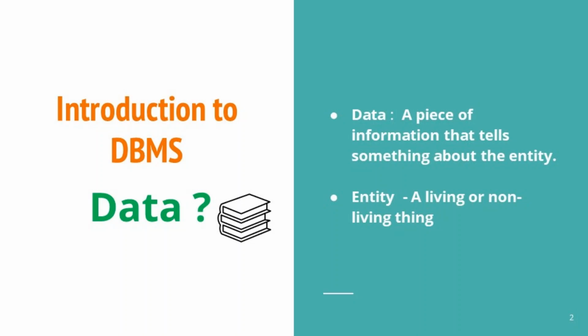Data is a kind of piece of information that tells something about the entity. The entity may be a living or non-living thing. For example, if you say a person's name is XYZ, the person's gender is male, the person's age is like 32 or 34, and the address where that person is living. So these are all known as the data of a person.